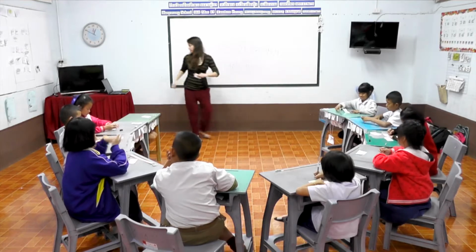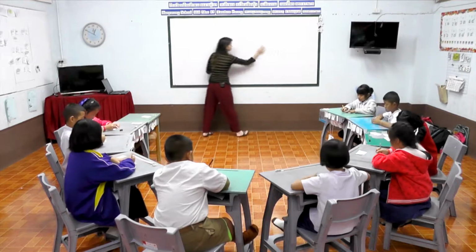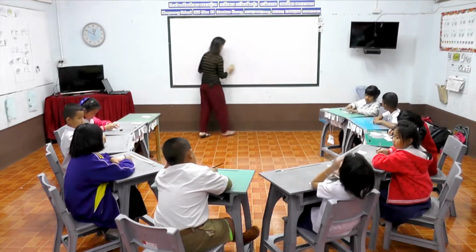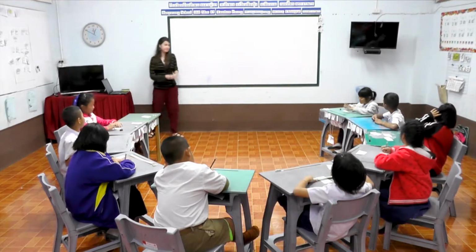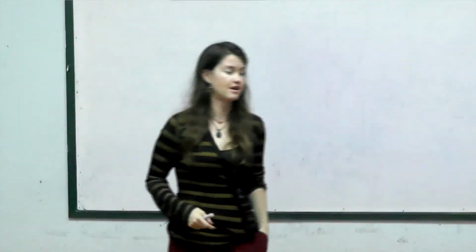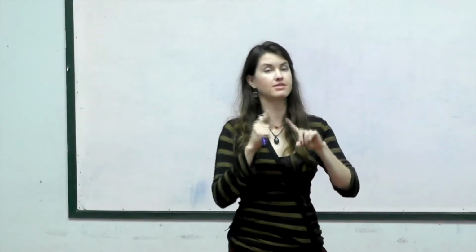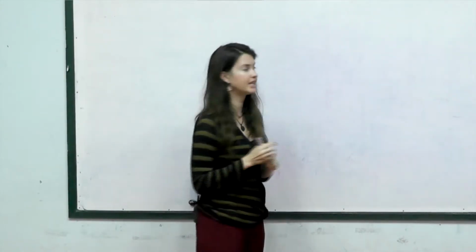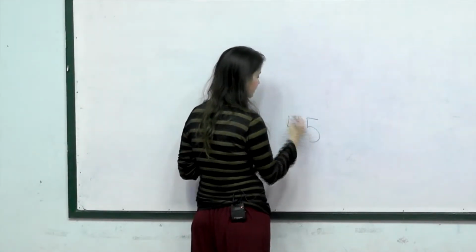Okay, friends, we're gonna stick with 7s, but we're gonna erase from our board. We're gonna still count 7, 14, 21. This time we're looking for the number 45.